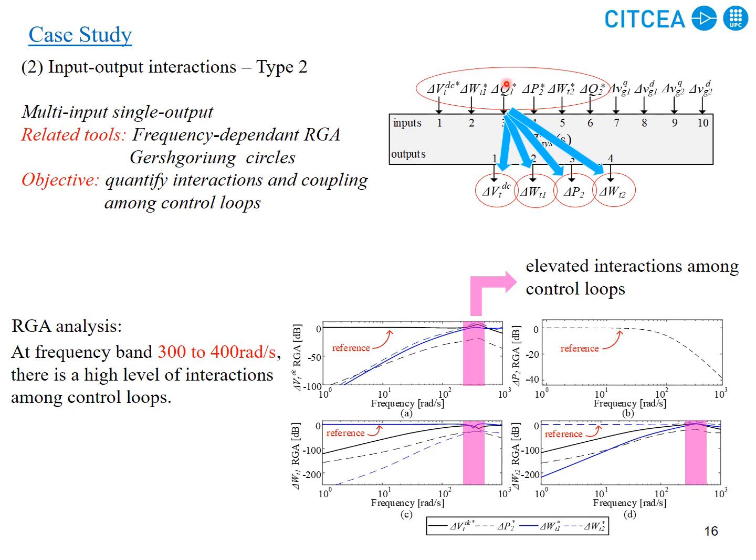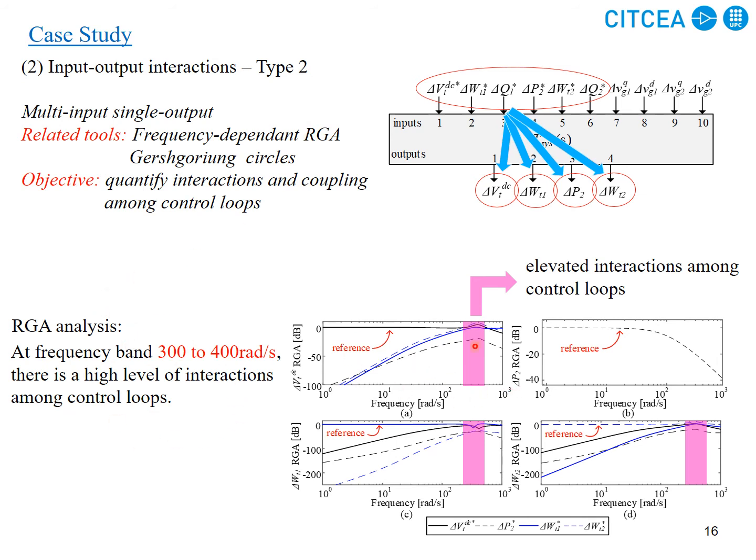Here we have the references of the control loops, and here are the outputs of the control loops. From all the references, there is a coupling impact on each individual control loop. So we can realize what the coupling between these control loops is. And the suggested tool is frequency-dependent RGA analysis.